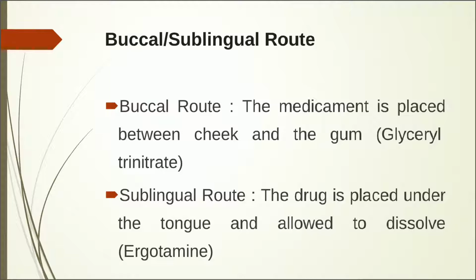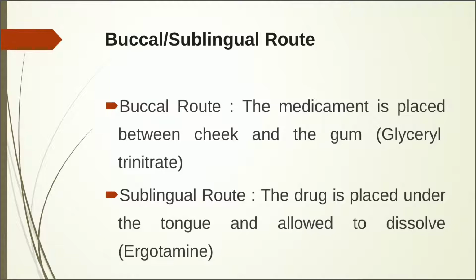So first one is the buccal or sublingual route. The buccal route is mainly used when the medicament is placed between the cheek and gum. One such example of a marketed preparation is the buccal patch of glyceryl trinitrate.